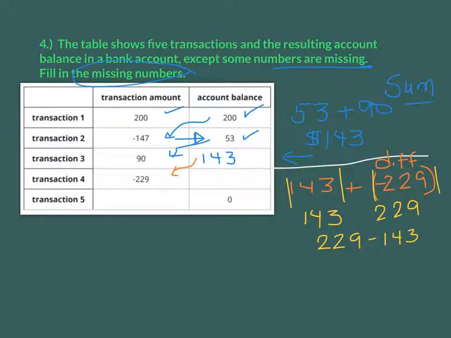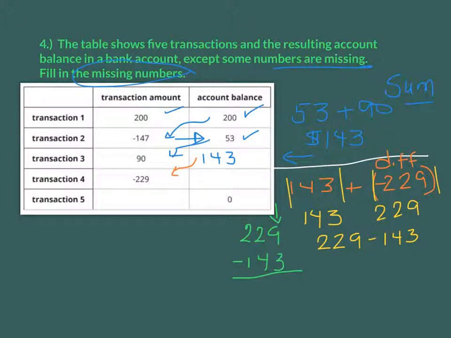Now, I'm more comfortable actually writing this one out as opposed to using my logic and doing it in my head, just because these numbers are a little messy. So let's go ahead and look at this. I'm going to rewrite it right here, 229 minus 143. Make sure you stack those numbers on top of each other. It's really important that we always start in the ones position when we stack the numbers.